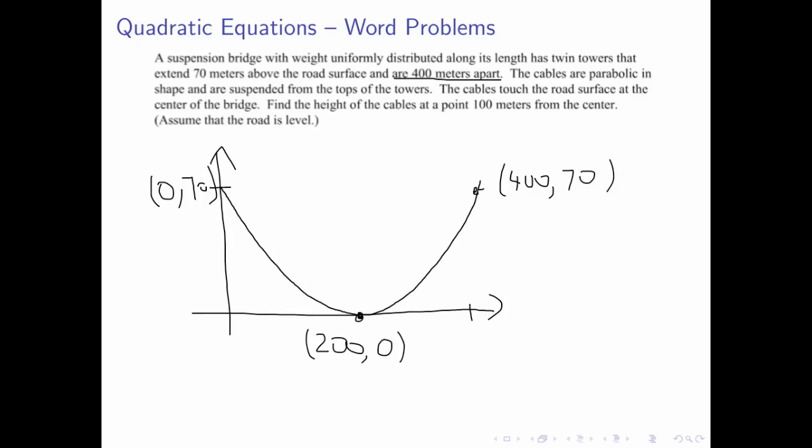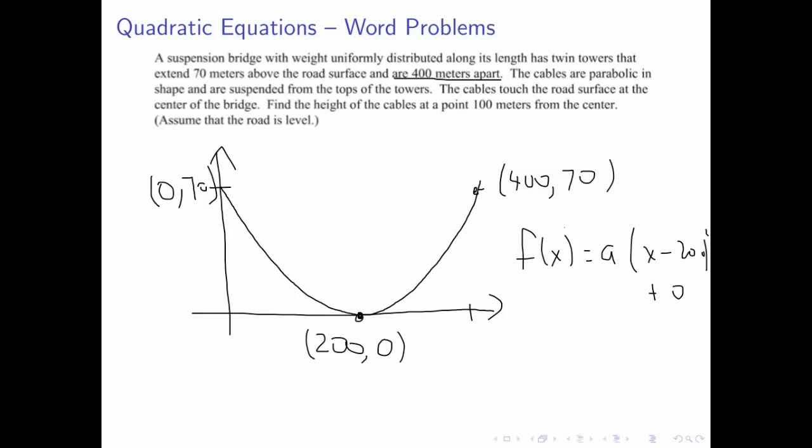So really, if I just draw the information that's given in terms of coordinates, then it's easy to find the equation of the parabola. I guess I'll use f. I know that f of x is going to be some number times x minus 200 squared plus 0.